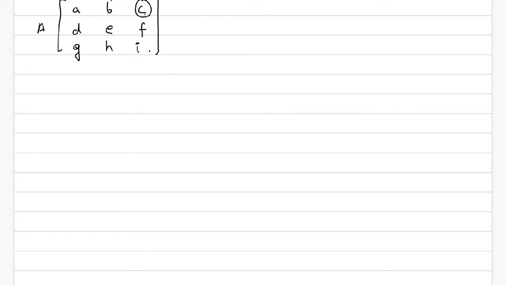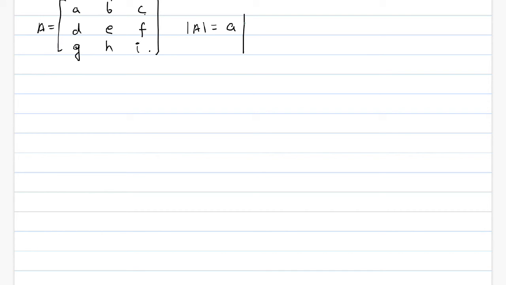We can do it for any row or any column. And for one row and one column, what we do is we say our mod of A, or the determinant, will be, first of all, A into the determinant of our associative matrix.